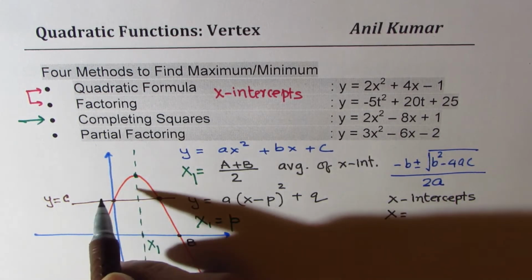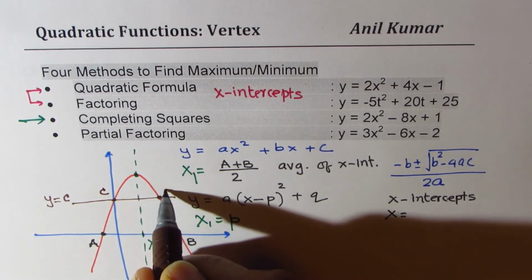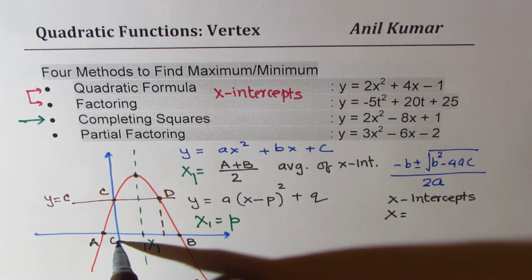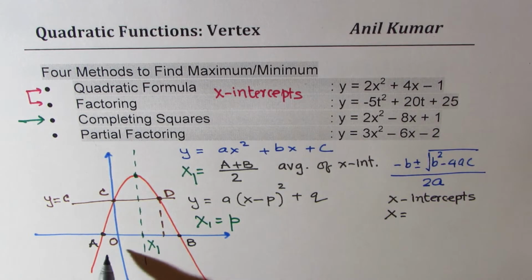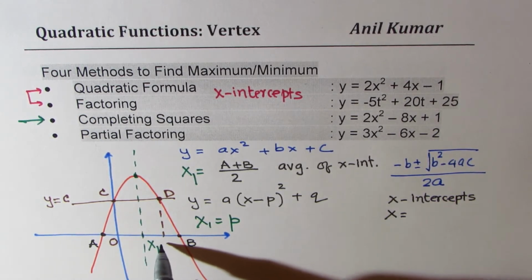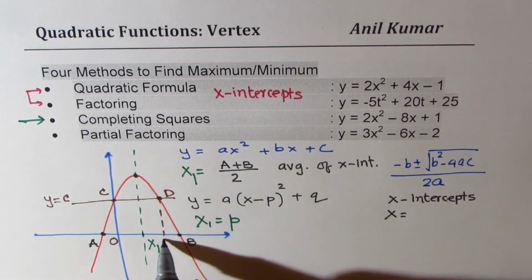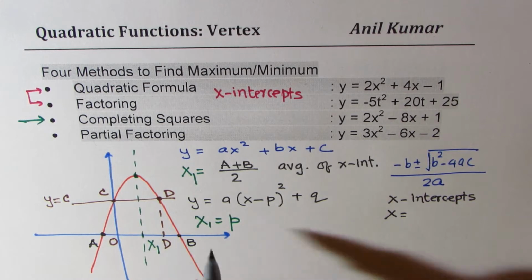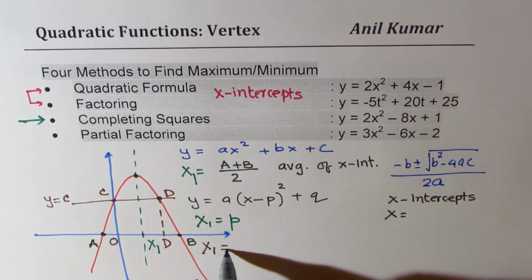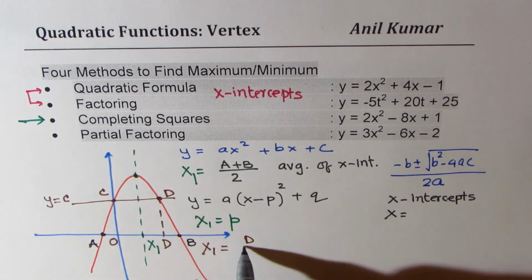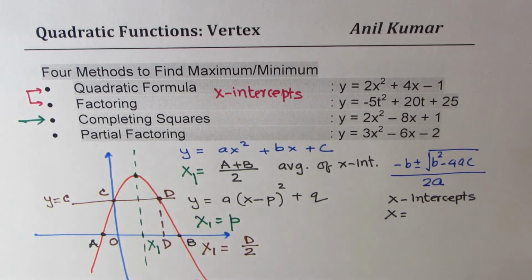So let me call these points C and D, I mean the x values. C is normally 0, because at the y-intercept the x value is 0, and the other value, let me say, is D. So in this case, we know that x1 is equal to half of D. You get an idea.